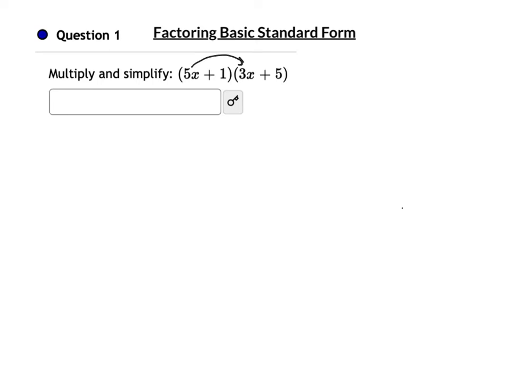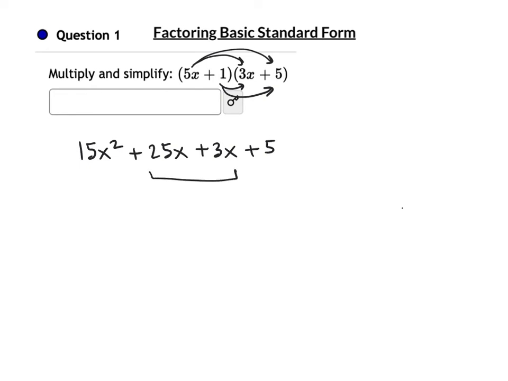Take 5x times 3x, 5x times positive 5, 1 times 3x, and 1 times 5. 5x times 3x is 15x squared. 5x times positive 5 is positive 25x. Take the 1 to both. 1 times 3x is 3x, and 1 times 5 is 5. Simplify the middle. You get 15x squared plus 28x plus 5.